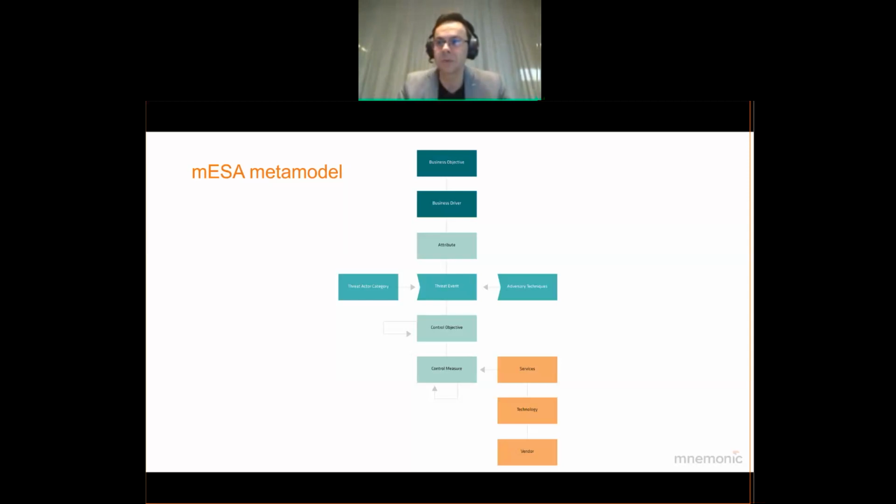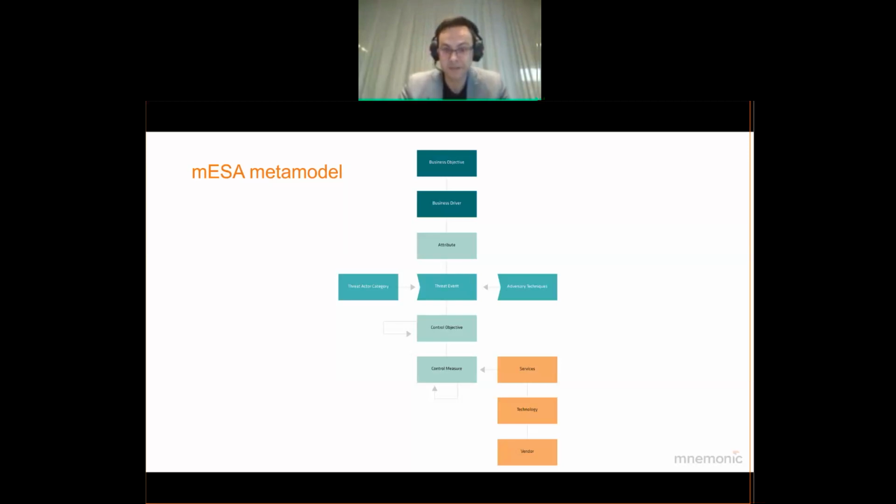The typical attributes that everyone in this room is familiar with are the CIA triad, confidentiality, integrity and availability, those examples of attributes. But what does that mean in my context? So let's define that in a way that any business, any stakeholders could understand what it means for our business. So with these first three layers, we have covered this missing link between business and security. Those attributes can be affected by threat events.